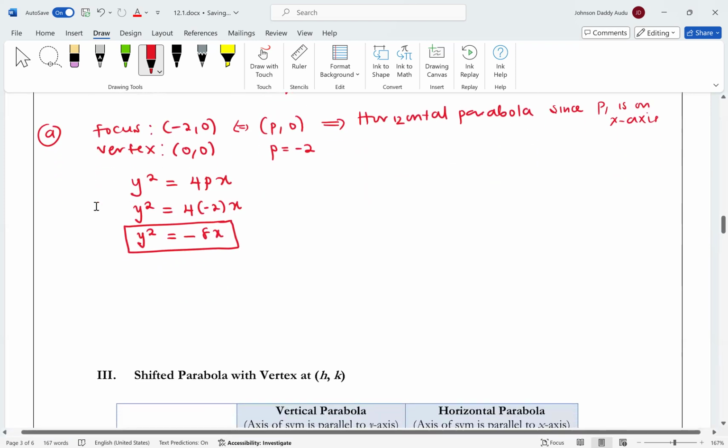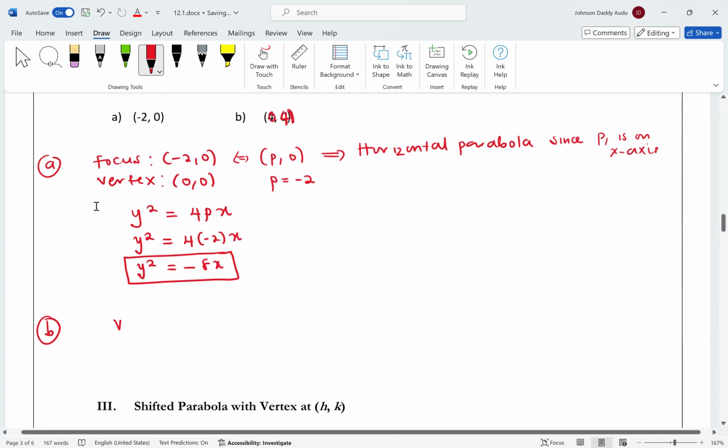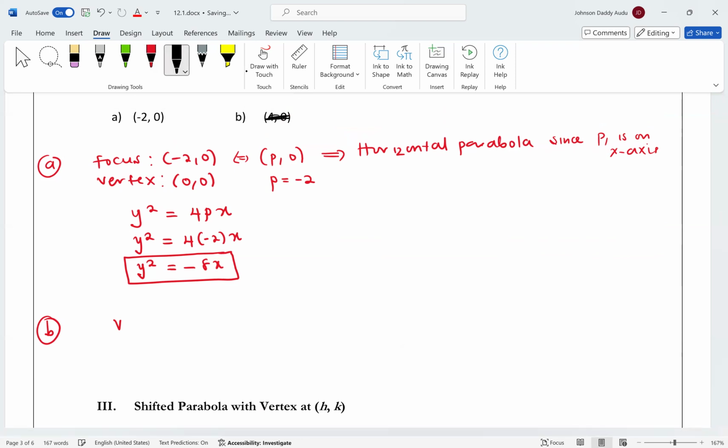Okay, then for b, we have the vertex. So let's see, what did b say? B is 0, 4. Let's change it to 0, 4.